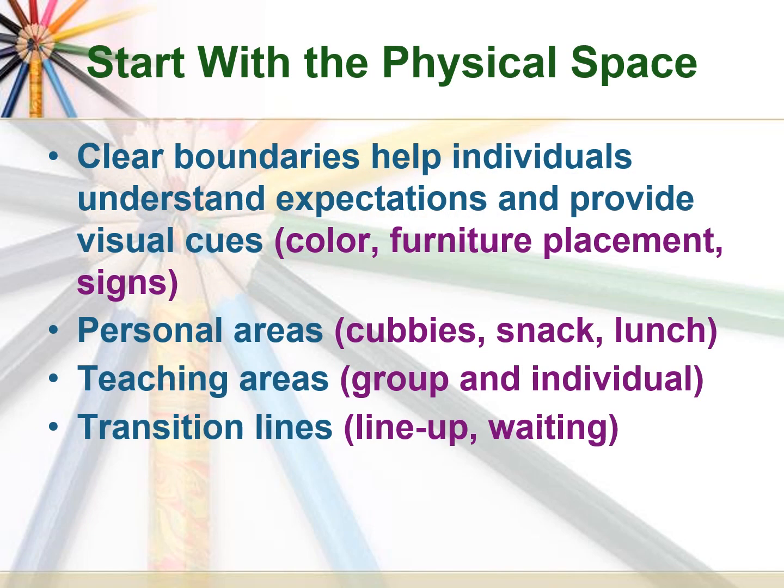So when we think about different visuals that we could be using in our classroom, let's start with the physical space. And I hate to bring up COVID again, but think about during COVID, how many visuals we really had to use in our classroom to mark off physical space, to mark off those clear boundaries. COVID might be over, but there are some children that need clear boundaries to understand expectations and to give them clues.